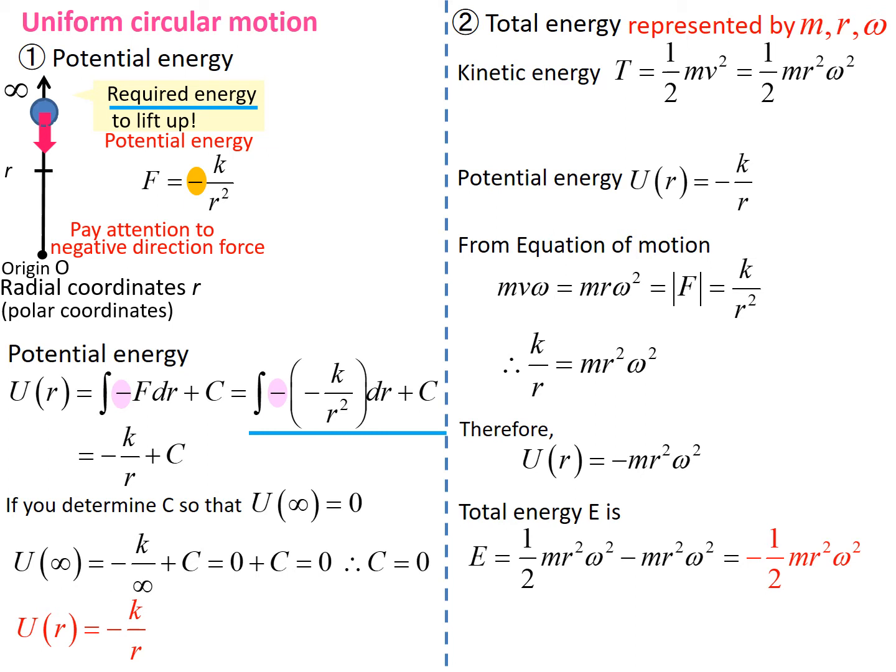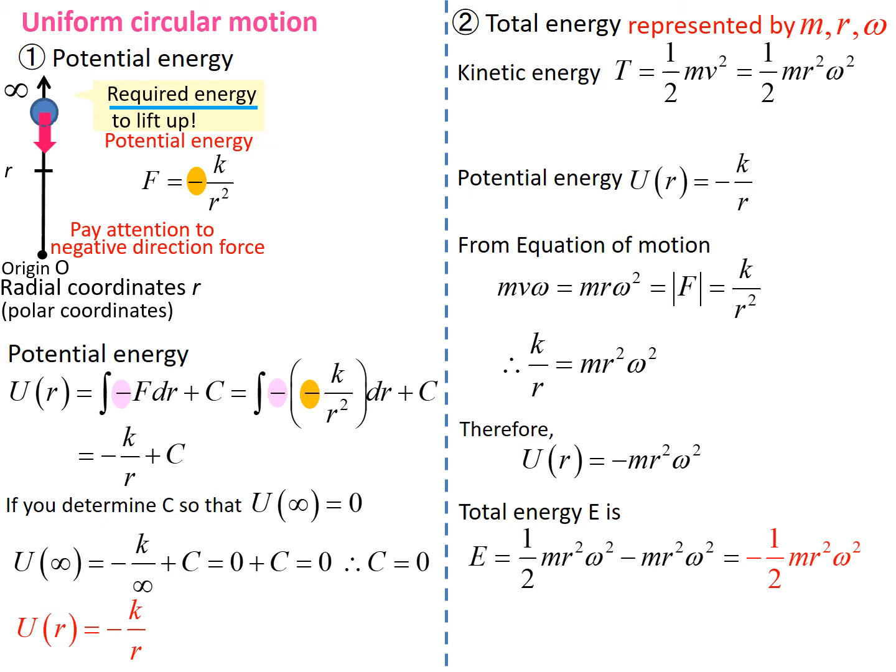Be aware that there is another minus in F that comes from the negative force. In the end, the two minus signs cancel, and by integrating k/r², it becomes -k/r plus c, a constant of integration. The value of the constant c is arbitrary and cannot be determined uniquely without any additional condition.